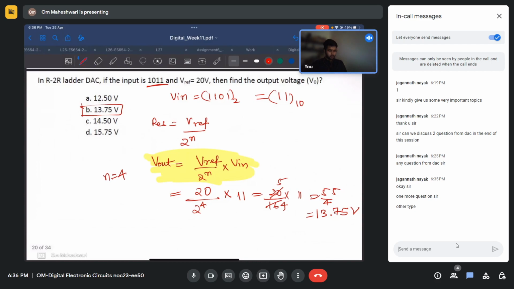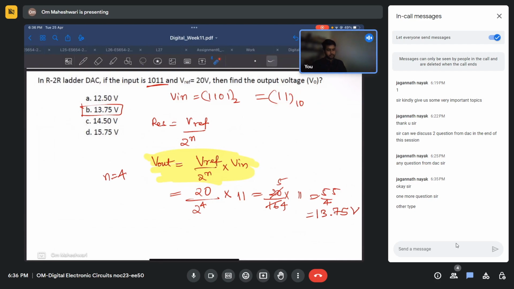So if you see another question: in an R2R ladder DAC, input is 1011, reference voltage is 20, what is the output voltage? So I already told you V out is Vref upon 2 to the power n into V in, right? So you just have to put these values. This V in, 1011, corresponds to 11 volts.